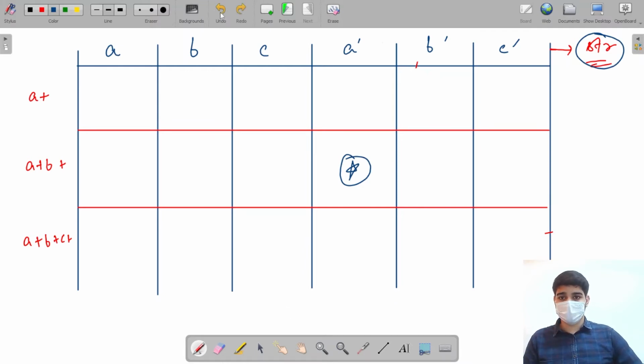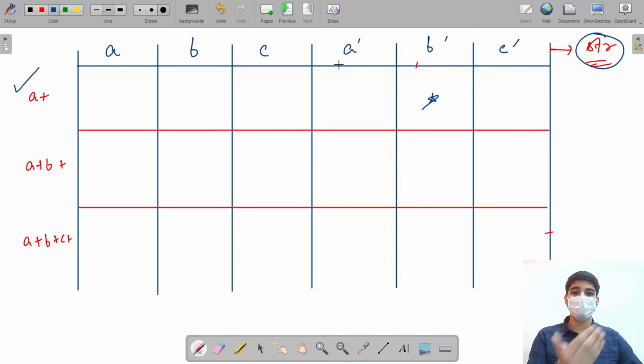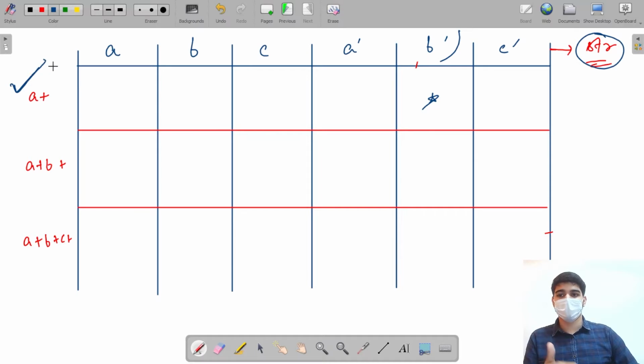In a similar fashion, what would this mean? This position would mean the number of A plus type of subsequences that the string A, B, C, A dash, B dash could generate. So the number of subsequences of this type till the string at this point, right?